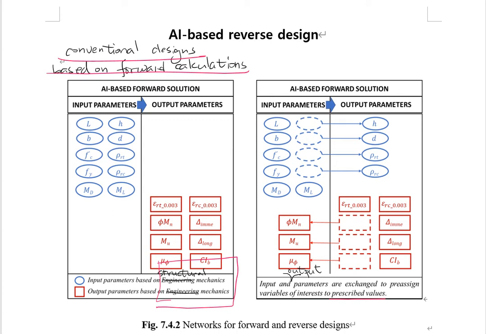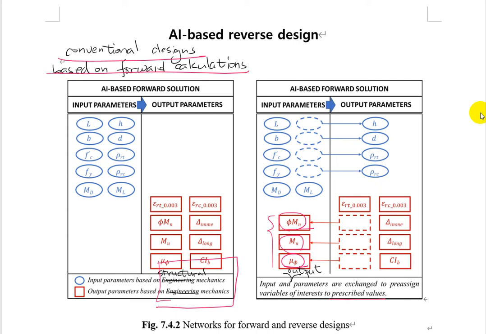For example, the parameters you see here, phi Mn, Mu, and mu phi, which represent the design moment strength, the affected moment, and curvature ductility, now are pre-assigned reversely on an input side in order for us to control these parameters as design targets.